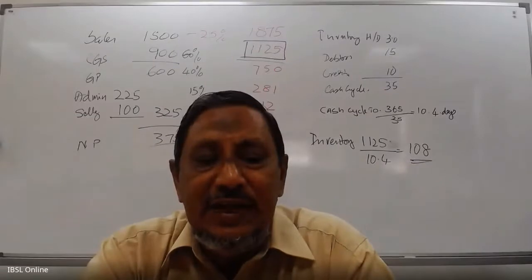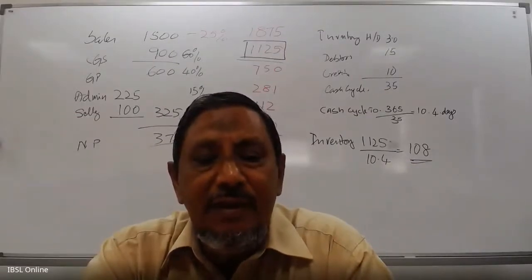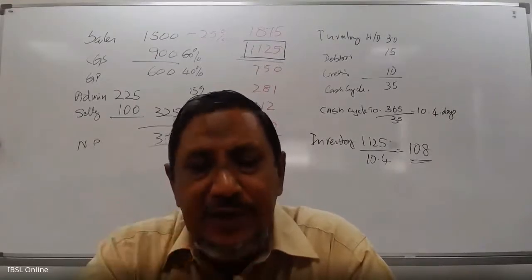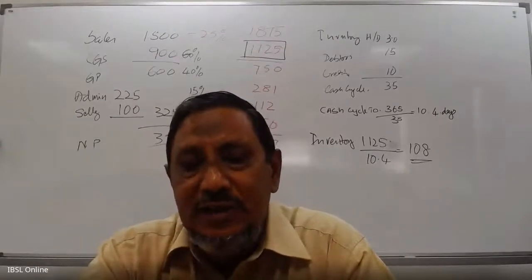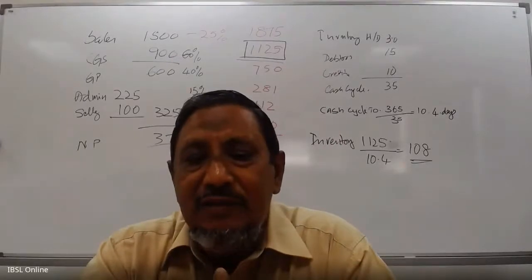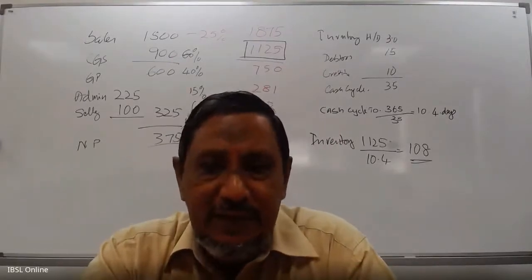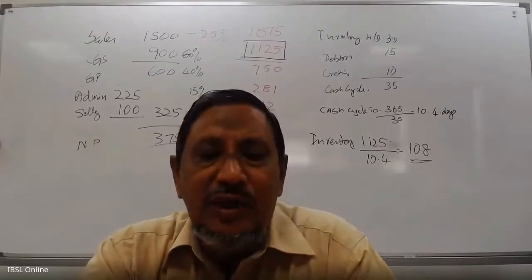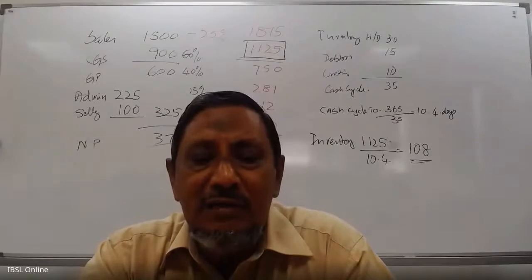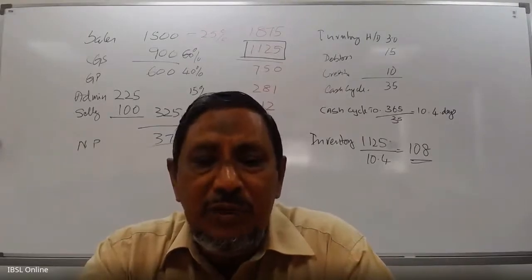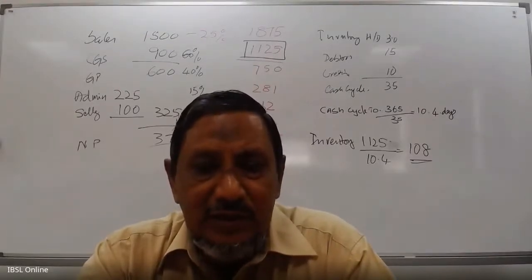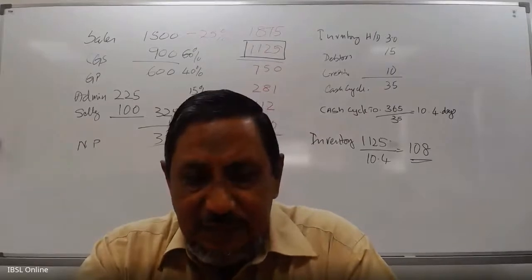In the vertical analysis, we look at the relationship between sales and other costs, and whenever we want to apply that for expansion, we use that method to find out how much can be given.